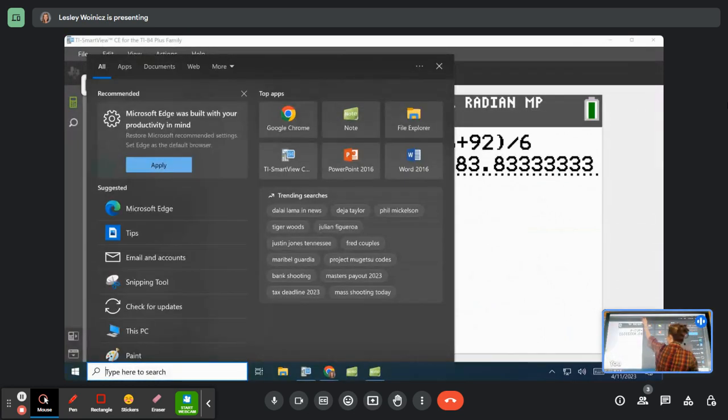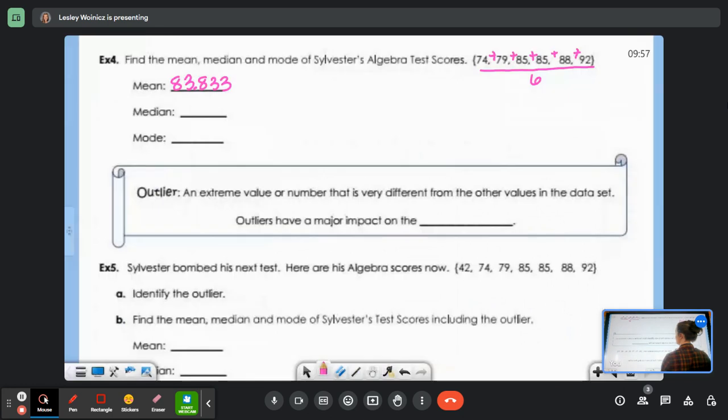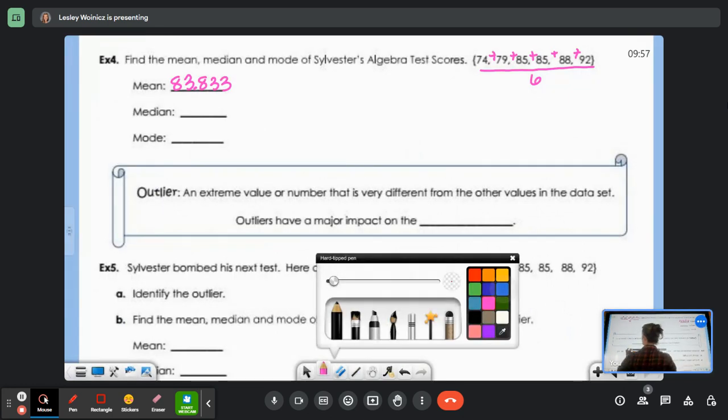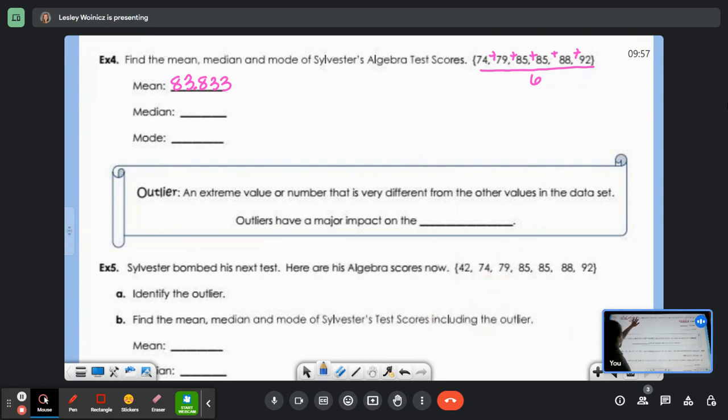Okay, the median. I have to make sure that they are in ascending order. So are they? Yes, they're going from smallest to greatest. Okay, so then I'm looking for the middle value. Now the middle value would be between 85 and 85. Because I have an even number of elements in my set, I have to add the 85s together and divide by 2.